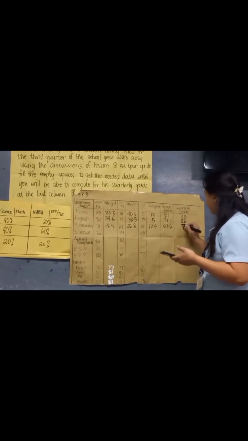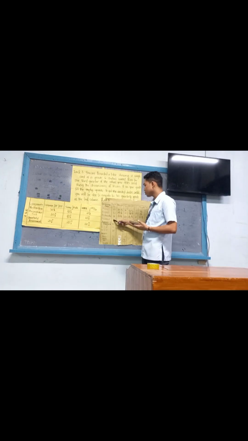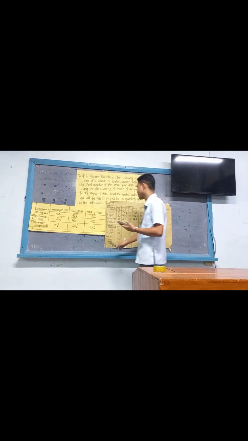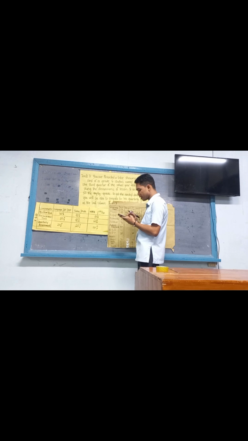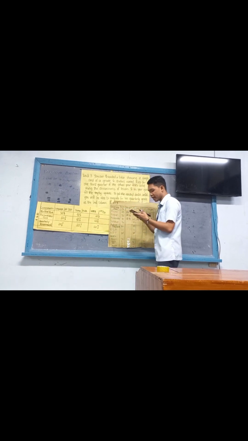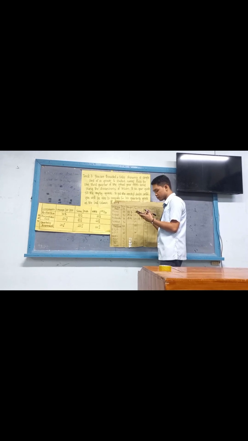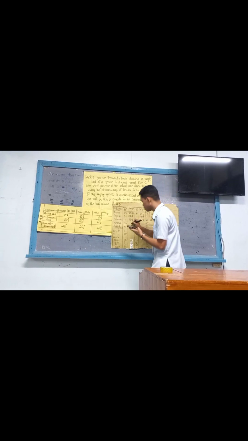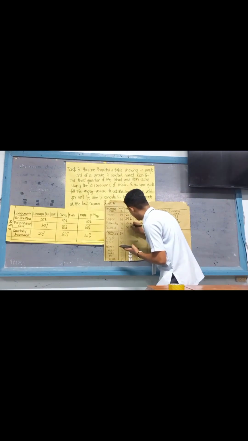In order to get the initial grade, we will add all the weighted scores. Science subject. So, written work, performance task, and quarterly assessment are recognized as 40%, 40%, and 20%. So, science is the written work 76 times 40%. 76 times 0.40 is equals to 30.4.